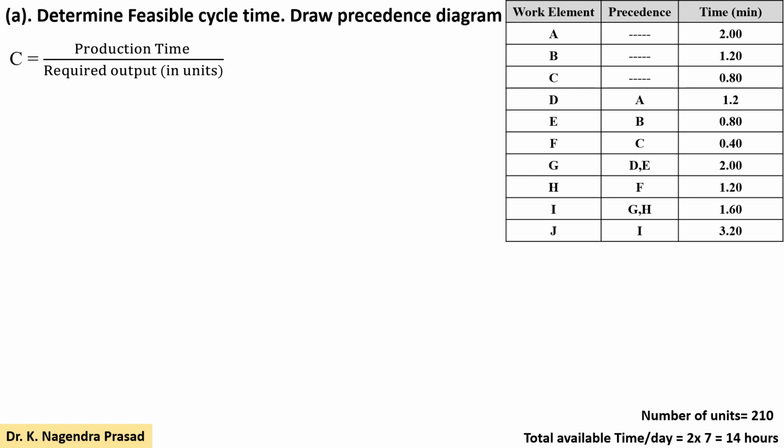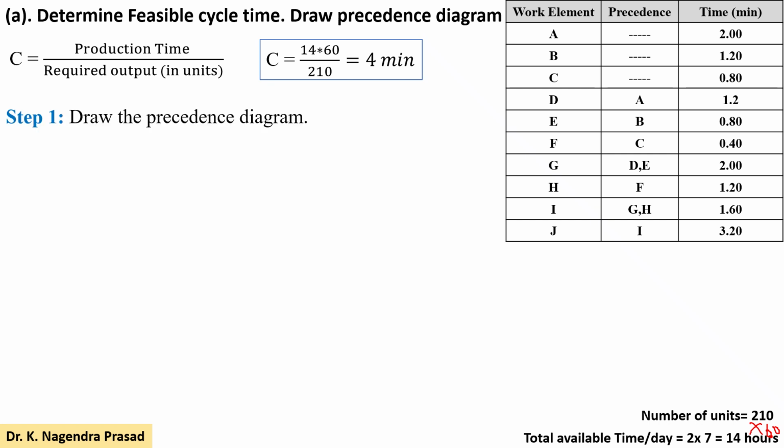Observe that all work element times are in minutes, so we have to convert the total available time also into minutes. So 14 hours will become 14 into 60 minutes. Then the cycle time will be 14 into 60 divided by 210, which is equal to 4 minutes.